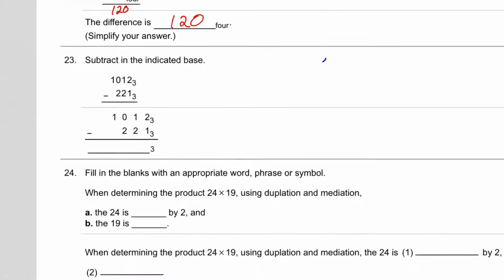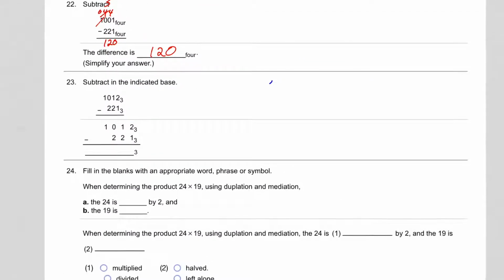23. So there's a lot of stuff there. Let me just rewrite it. So 2 minus 1 is 1. We're going to borrow from this set and give a set over here.